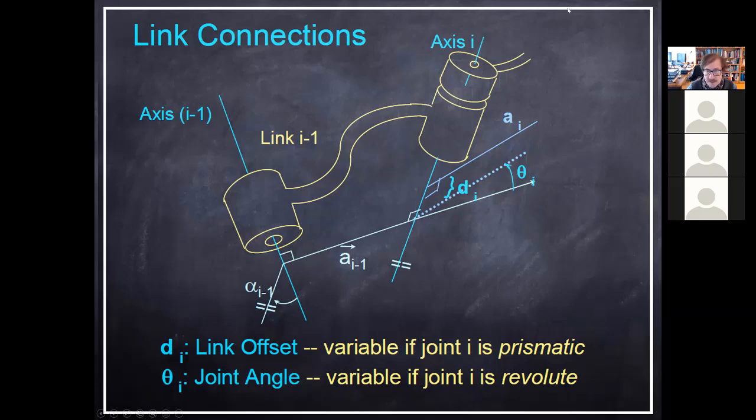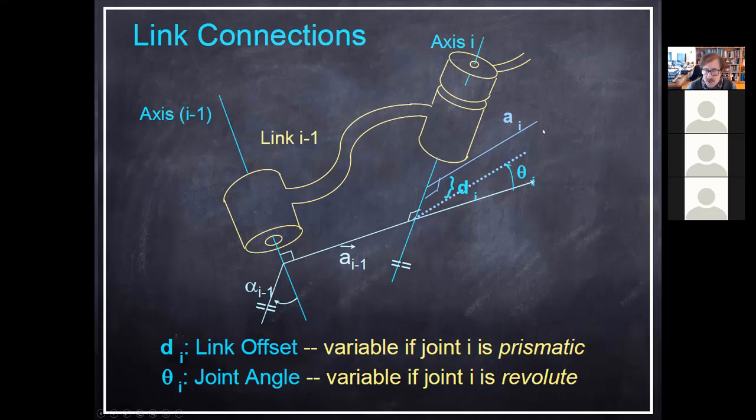But if I have another joint here, then I will have a_i. Where does a_i intersect axis i? So, of course, what is a_i? a_i is the mutual perpendicular between axis i and axis i plus 1.